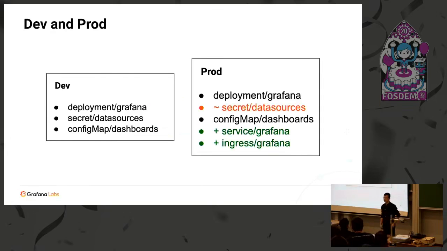Another example. Usually, you don't deploy things a single time, but instead, in a dev environment, in a prod environment, and these are not exactly equivalent. So, in dev, you would have the deployment, a secret to hold your data source, or the connection to your data source, and the config map. And that's it.